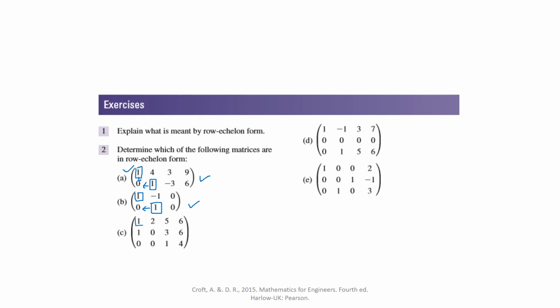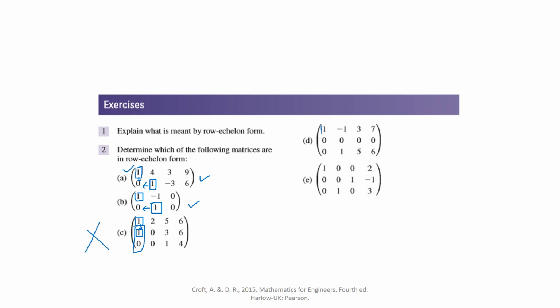This is the first leading one. Is it a leading one? No, because under the first leading one all the elements should be 0. This is not fine, so this is not a leading one.